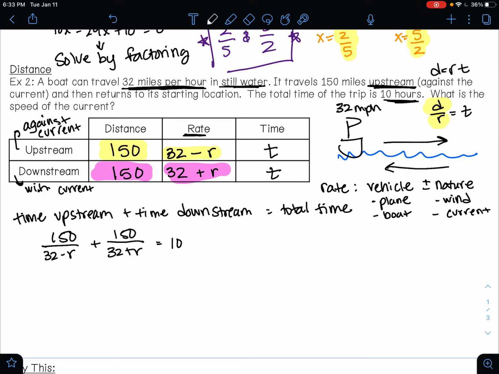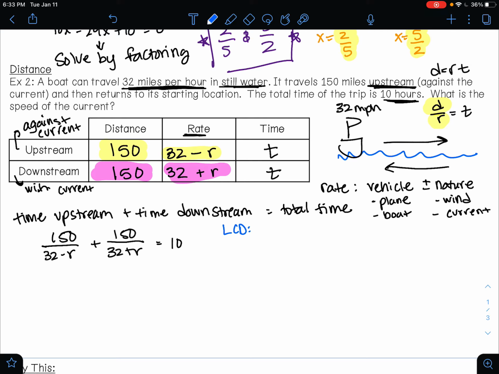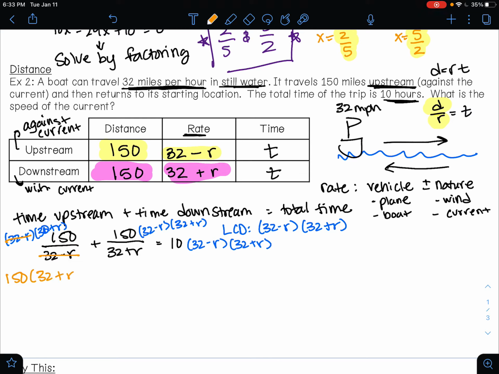From here, we can go ahead and find the least common denominator. My least common denominator is going to be 32 minus r times 32 plus r. So I'm going to multiply each term by that. When I do that, 32 minus r eliminates with 32 minus r, and that's going to leave me with 150 times 32 plus r.